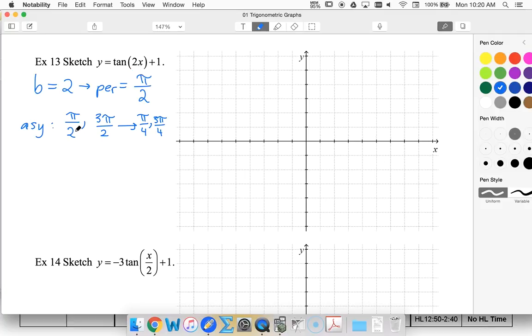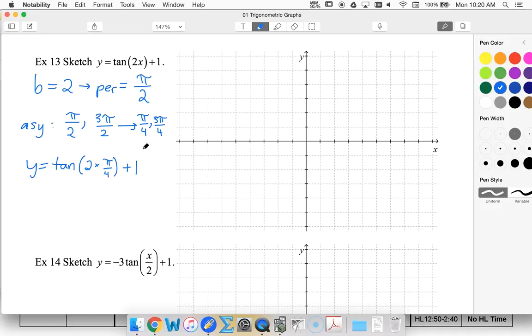So instead of being at pi over 2, now I'm going to have an asymptote at pi over 4. We can test that by thinking that y of tan 2 times pi over 4 plus 1, well, this becomes pi over 2. Tan of pi over 2 is undefined.